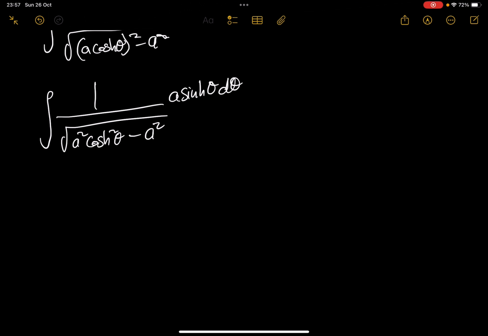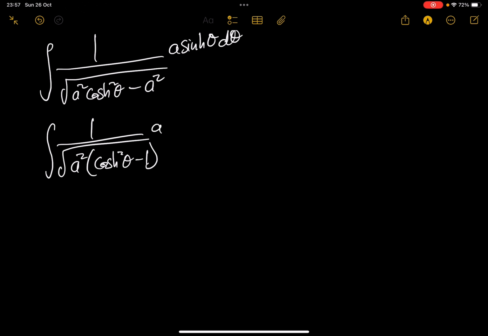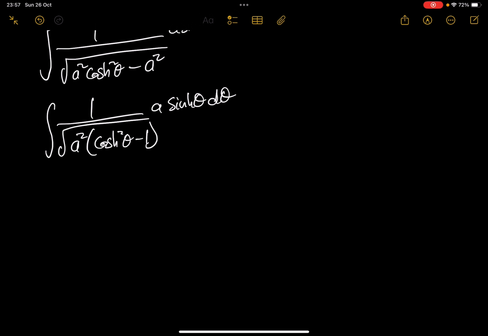And again, we factor out a squared from the denominator. We are going to have 1 over root a squared cos squared theta minus 1, times a sin theta d theta. So we are going to use this to simplify the denominator of the integral.